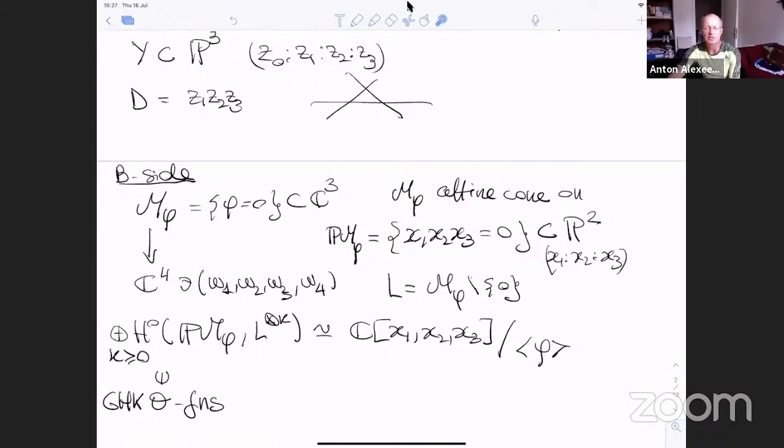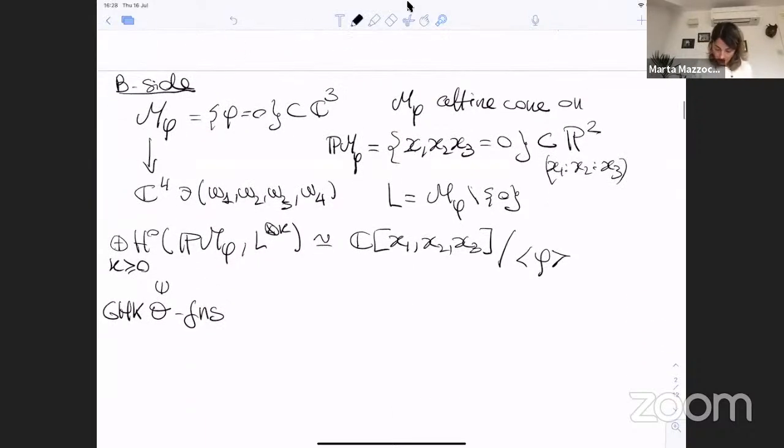Sorry, maybe I still haven't quite got it. So what's the family on the B side? Let me give you the example. So we have this cubic, right? The cubic is the zero set. So this family is the zero set of a certain cubic, but this cubic depends on some parameters.